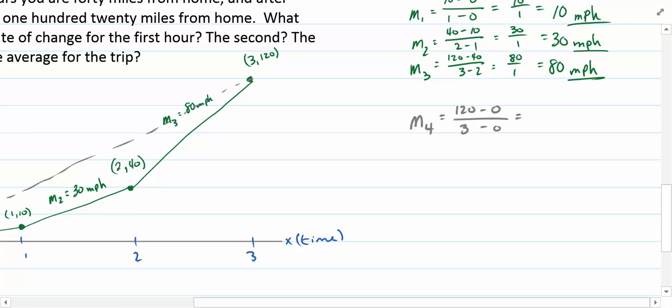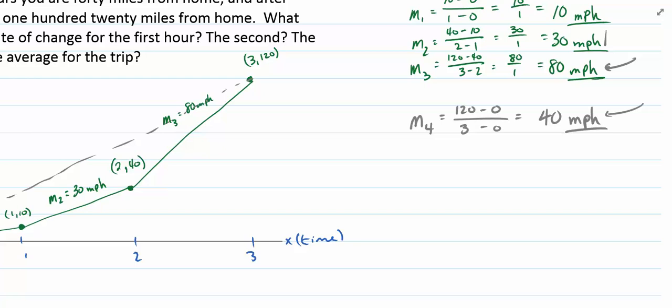And that comes out to be 120 divided by 3, that's 40 miles per hour. So even though we were able to make up some lost ground here, driving 80 miles per hour, what we found is that on average for this entire trip, we only managed 40 miles per hour.